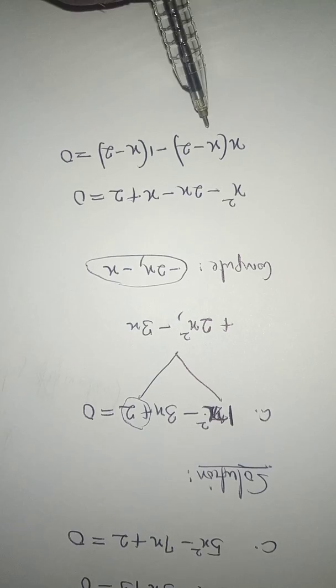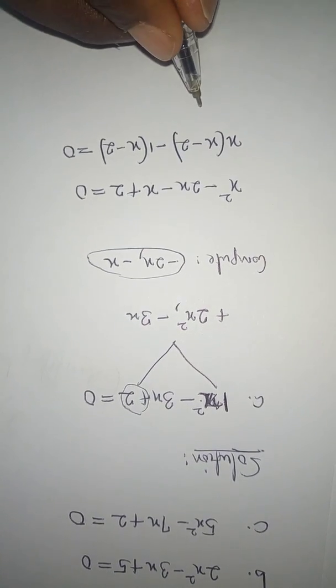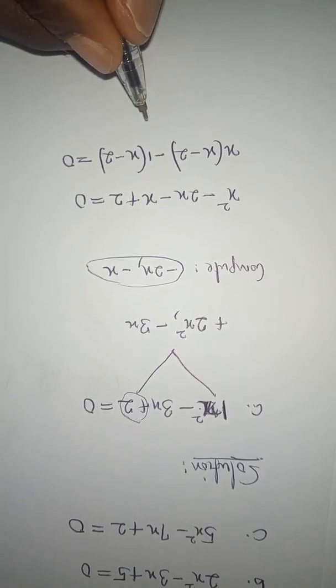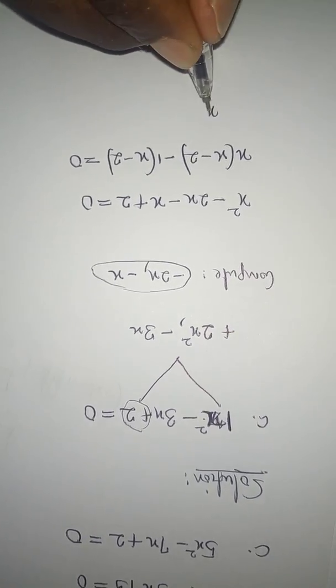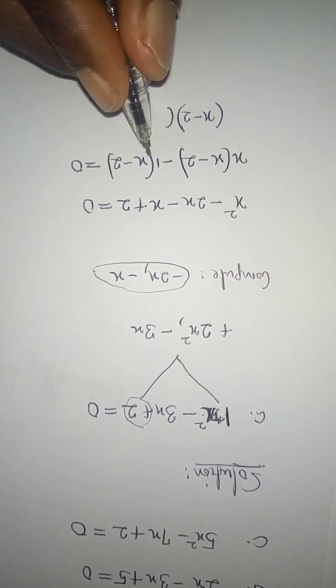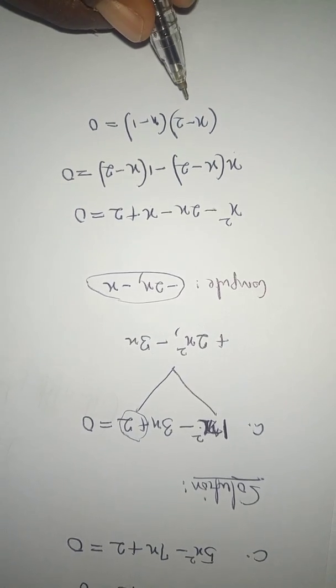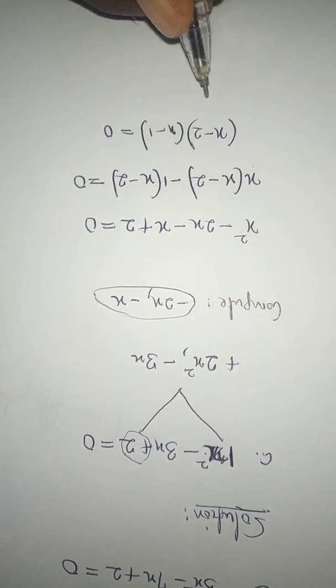You can observe we have an identical expression, x minus 2, x minus 2. Any alteration in this is wrong. So you choose one of the two, open bracket, x minus 1, equals 0.